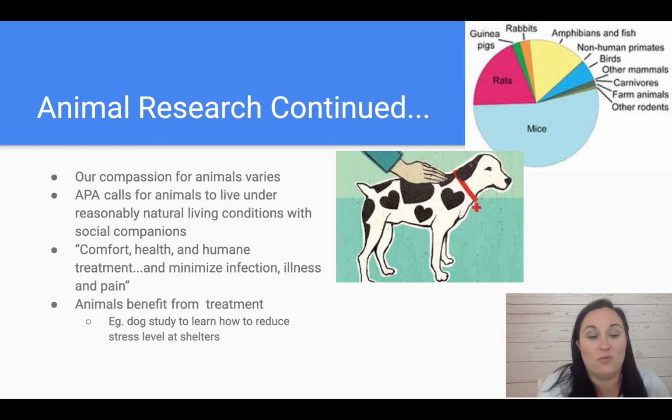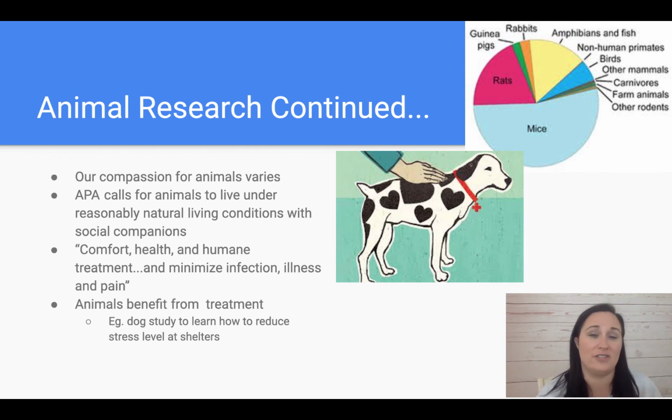One of the studies that they did found ways to reduce the stress of dogs in shelters, because shelters are a very chaotic and stressful place for animals. Using psychological research, they found a certain petting method that was effective for reducing dog stress.